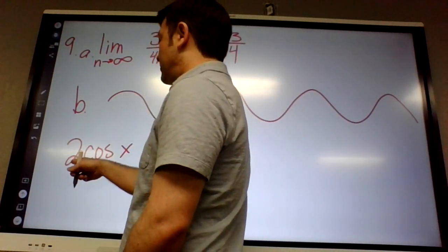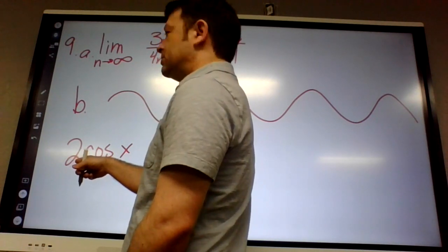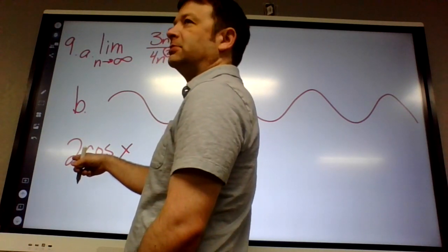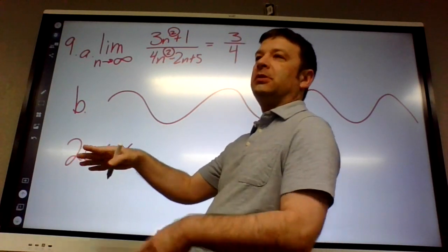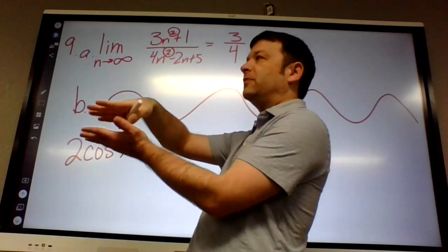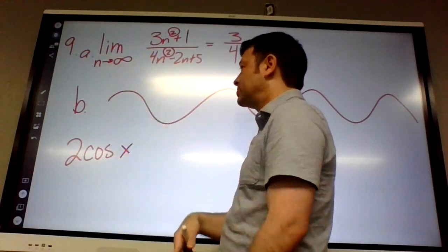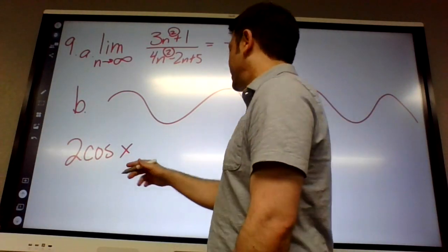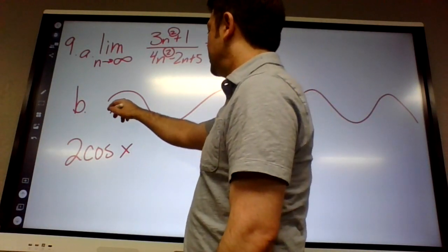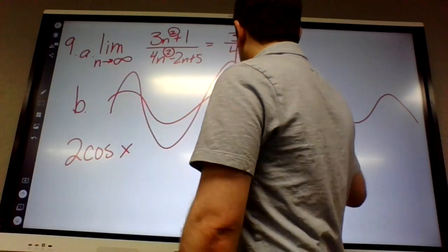What does that do to the graph? Yeah. So vertical stretch. So it'd be twice as tall. We call that the amplitude. You guys remember that? The amplitude is doubled, so it looks more like that.